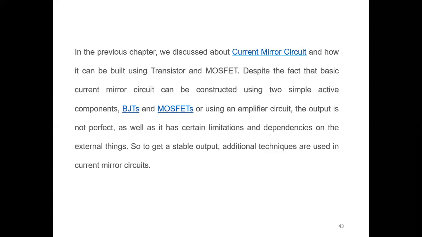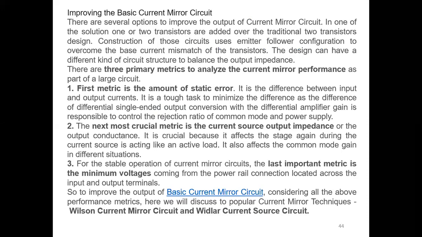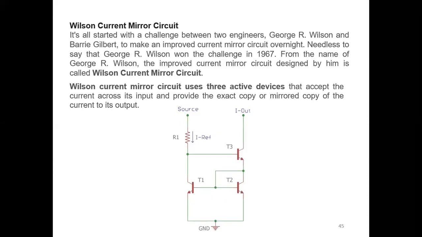we use different current mirror techniques. One is the Wilson current mirror, another one is the Widlar current mirror. The Wilson current mirror circuit started with a challenge between two engineers, Wilson and Bill Gilbert, to make an improved current mirror circuit overnight. The Wilson current mirror circuit uses three active devices.